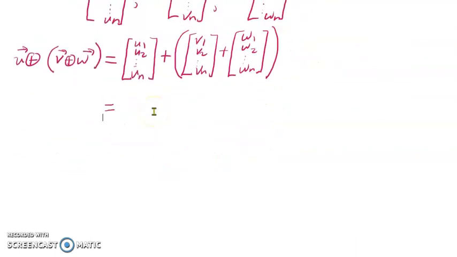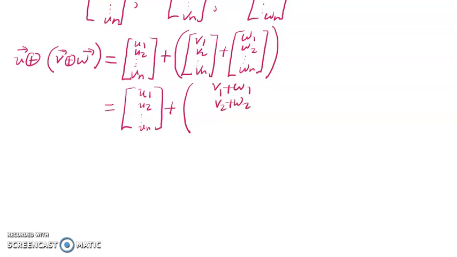So this is equal to the vector u: u1, u2, up to un, plus the matrix v1 plus w1, v2 plus w2, up to vn plus wn.